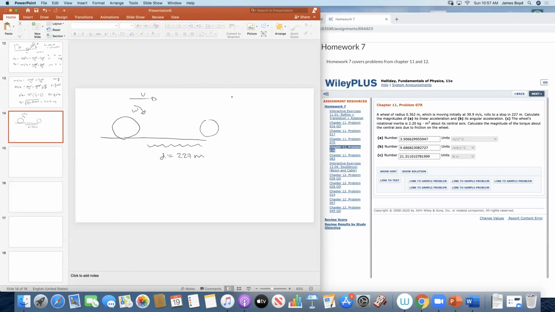If it's coming to a stop, you can use V final squared minus V initial squared is equal to minus 2a times x final minus x initial. Why is it minus? Because the acceleration is actually in the opposite direction of our x, right? Solving this for a and noting that V final will be 0, we get V initial squared over 2 times delta x, or x final minus x initial. X initial we take to be 0, x final we take to be 227 meters.